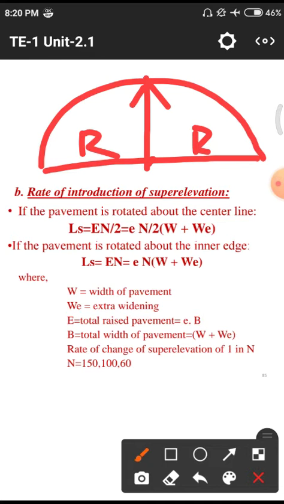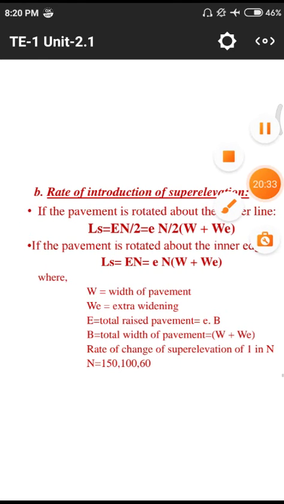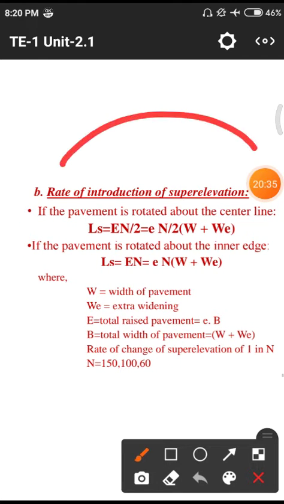About the center line means we need to use the first formula, en by 2. If the radius is not equal, that means if the pavement is rotated about the inner edge, this is a different curve, and we need to raise the angle with respect to the inner edge.